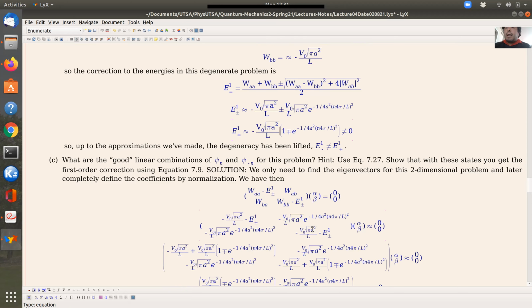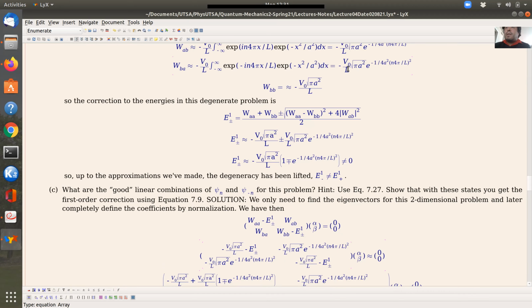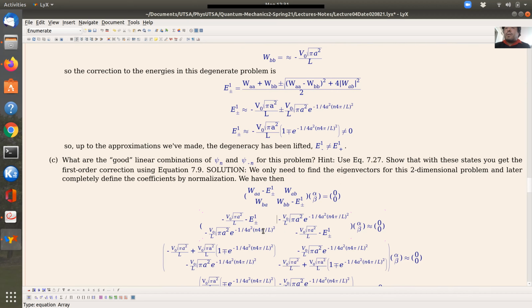And so, actually, if we take the difference with respect to these terms, some terms will die out. Those are the diagonal terms of this matrix. And for WAB and WBA, we have these formulas. They are the same, it's just this term. So we just put it in here, okay?